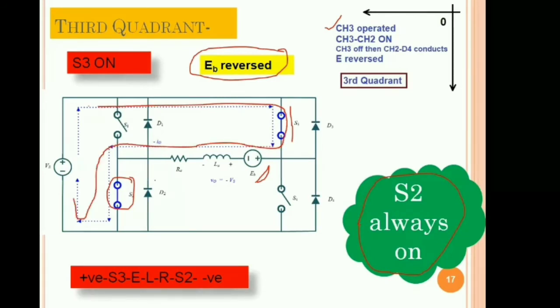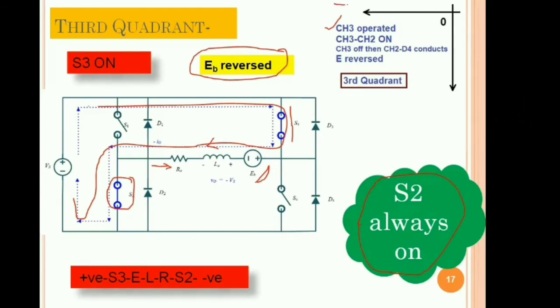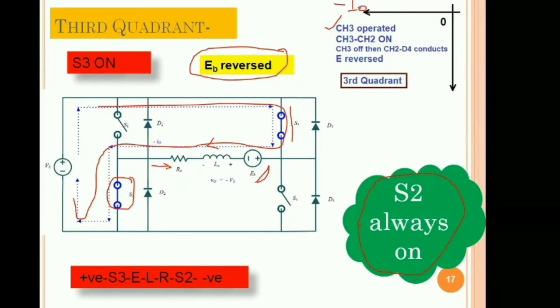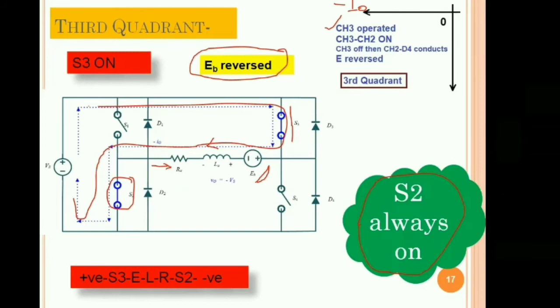So the direction of the current flow is opposite to the reference. We consider the reference from left to right, but now the current flows from right to left, which is the opposite direction. So here also the current is in the negative direction, which we can call I0 or IA.